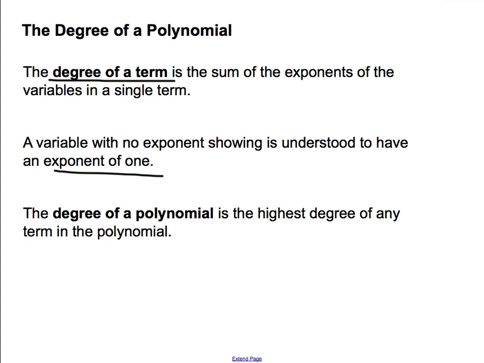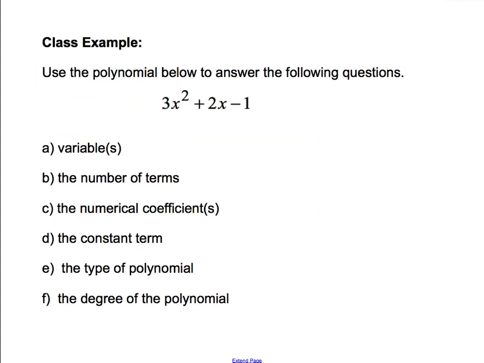So I just taught you quite a bit here, and I'm sure the questions coming up will give you practice. I'm going to go through this really slowly and make sure you totally understand all the terminology I just gave you. Variables: since we only have one letter, it's only x, so we only have one variable.